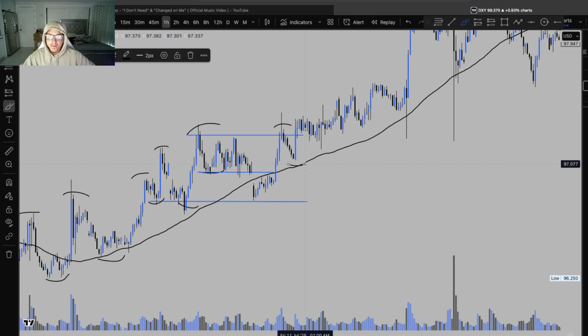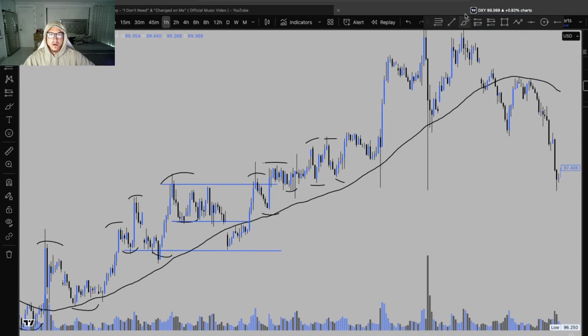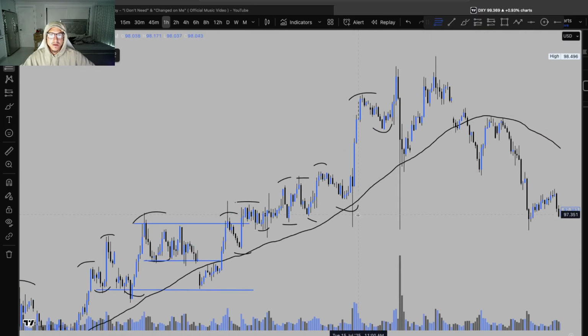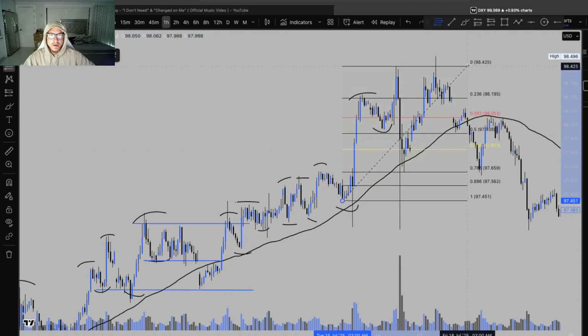Still uptrending. Low, high, low, high, high, high, higher high, higher low, higher high. This might not have been a higher low here.